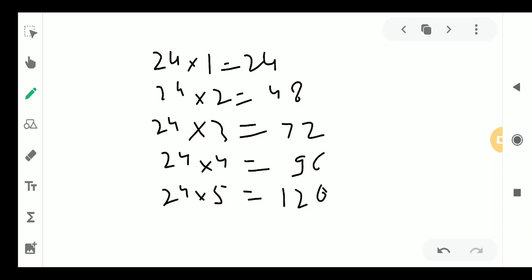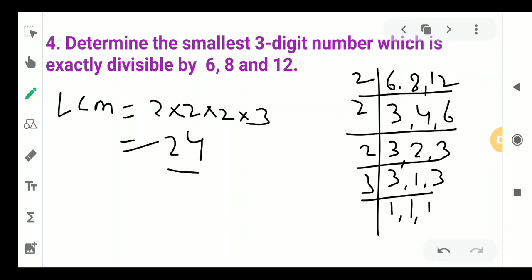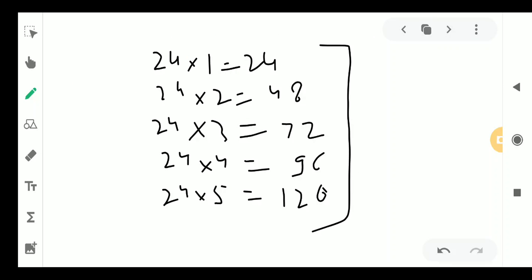Now we have taken the multiples of 24, that is the LCM. Now all these numbers which we obtained are divisible by 6, 8 and 12. But our requirement is the minimum 3-digit number. So in this pattern we find that this is the first 3-digit number divisible by all. After this you will get other 3-digit numbers which are divisible by all, but here it is 120.